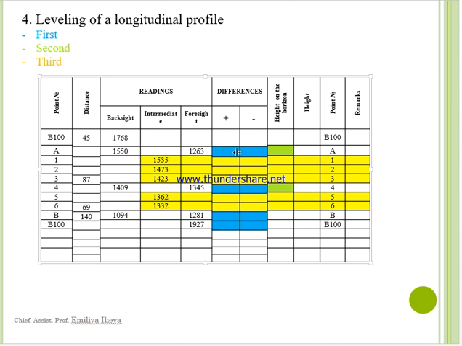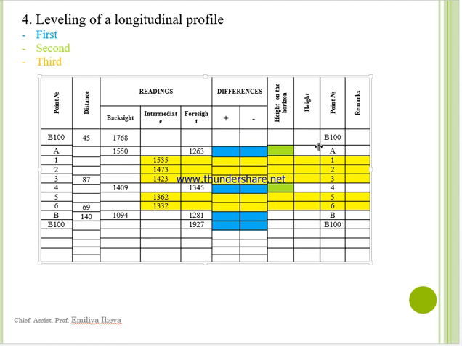Firstly, you need to fill these numbers here, here, here, and here. And after that, using for height of the benchmark your faculty number, you need to calculate the heights of the points that are measured with backsight and foresight readings.